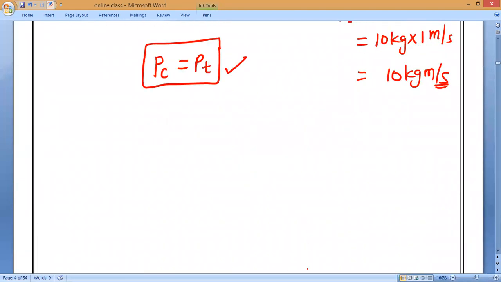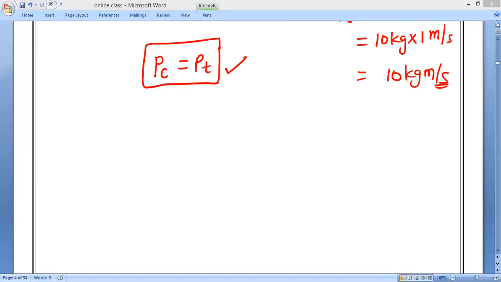What is Newton's second law? It has been given in our textbook, page number 58. All of you open page number 58. Newton's second law says that the rate of change of momentum is directly proportional to the applied force, and it takes place in the direction in which the force is acting.